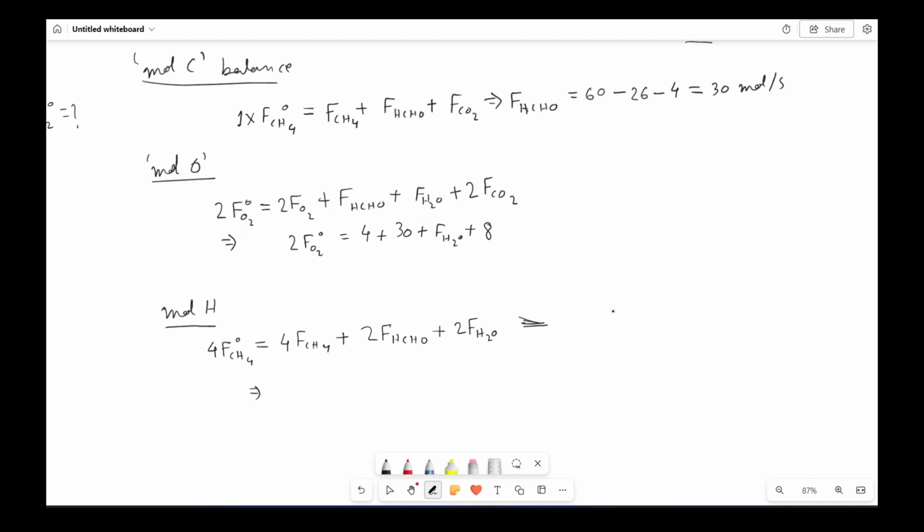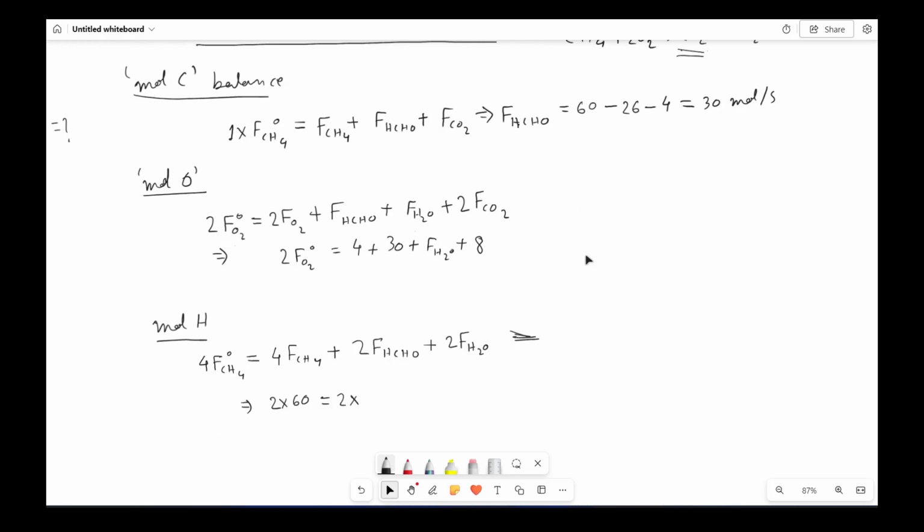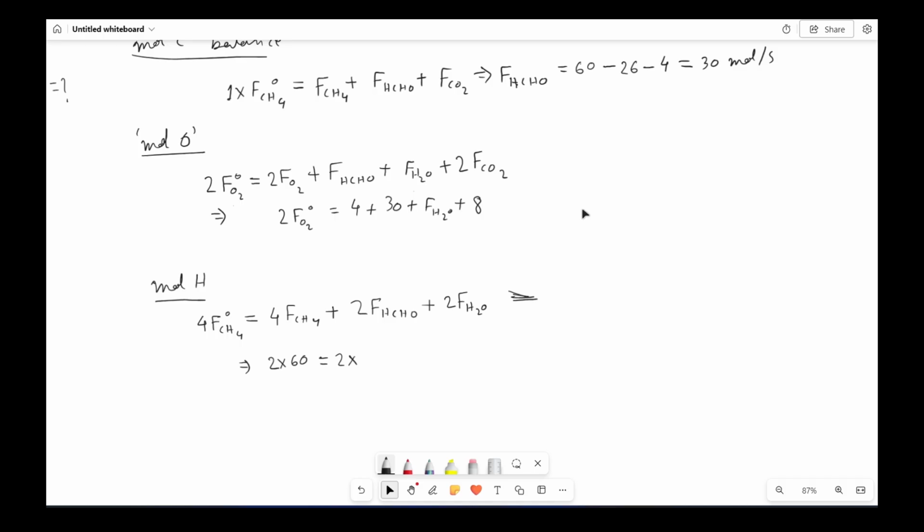So we will divide by 2, and the values which are given: 2 into FCH4 naught is 60, is equals to, this is CH4 coming out of the system, which is 26, 2 into 26 moles per second, plus HCHO is 30, plus, sorry, the 2 will not be there because we have already divided by 2, plus FH2O. So this is the expression.